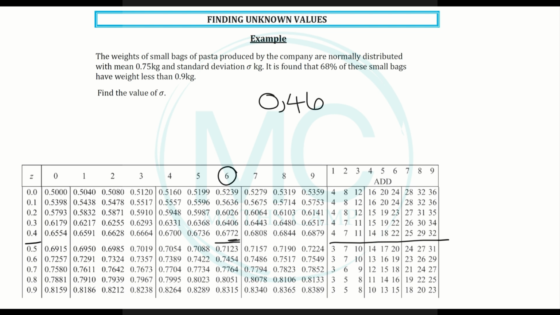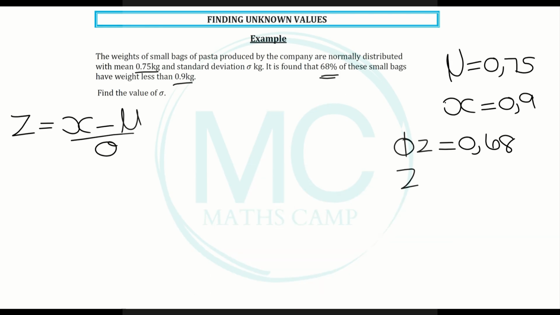I don't have 28. So in a case like this, find the closest value, 29. Let's go up to the top, which means I need to add 8 to my z-score. Now I can go back over here, and I can say that z is equal to 0.468.